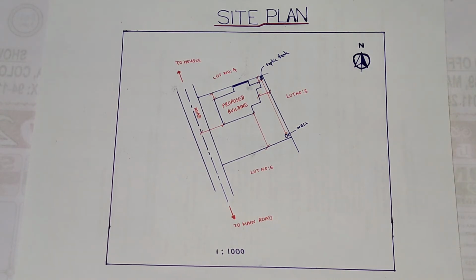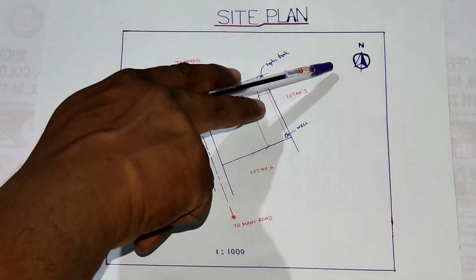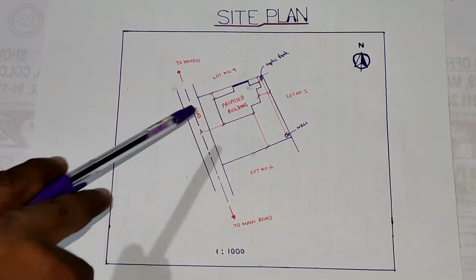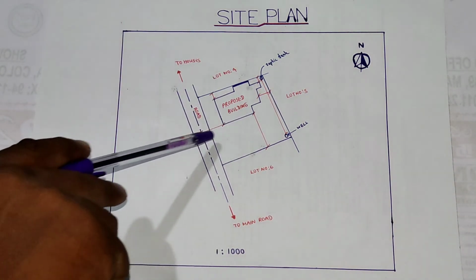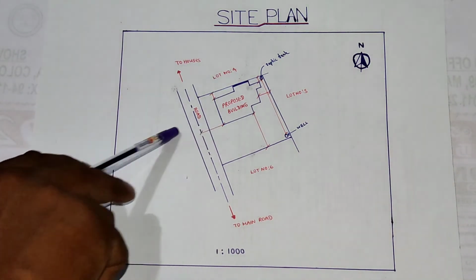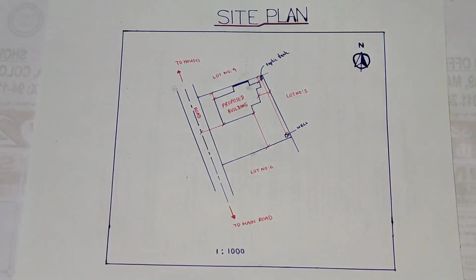As I explain again, you should put the scale here, and mention the north direction exactly, and show how the house is located, how much distance it has from the adjacent site areas and the particular road. That means the distance from the building line to the center line of the road. Those are mainly what you have to explain.